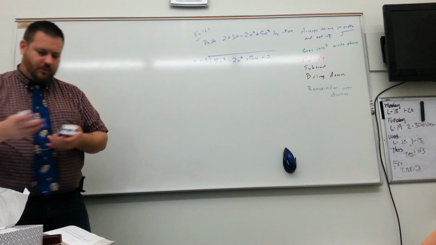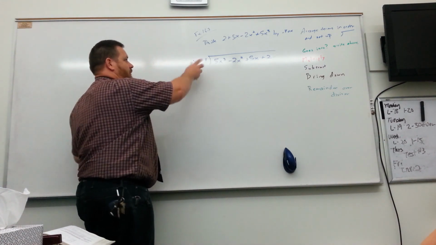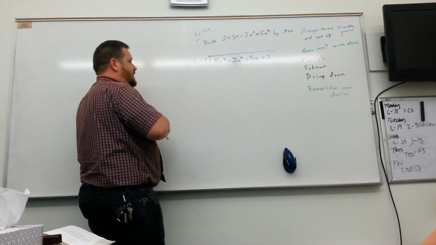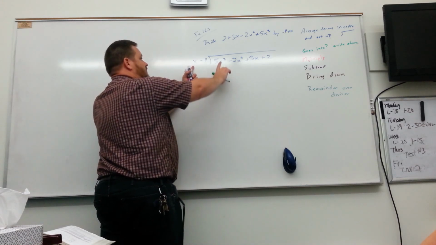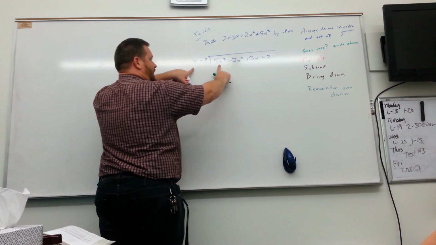So, just like with regular long division, we want to know, how many times does it go into something? You want to focus on just the first part here. This goes into here, so just this part goes into here, how many times?